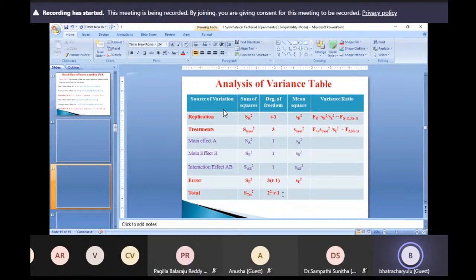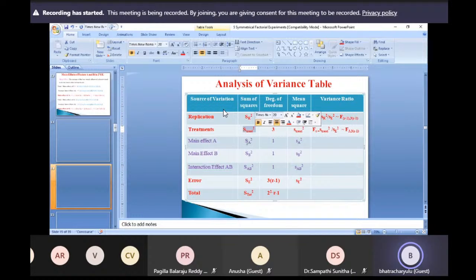Then once you have calculated, you have to write the analysis of variance table. The analysis of variance table contains replication sum of squares and treatment sum of squares. This treatment sum of squares ST square is split into 3 parts.